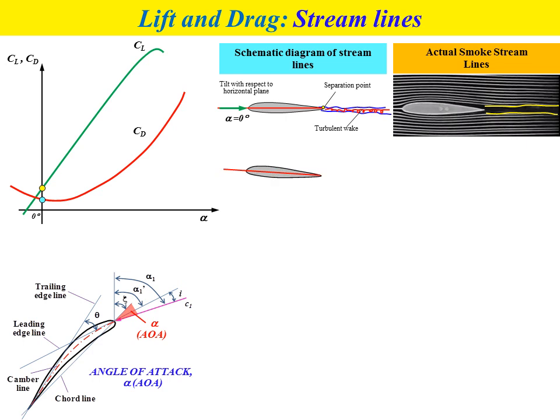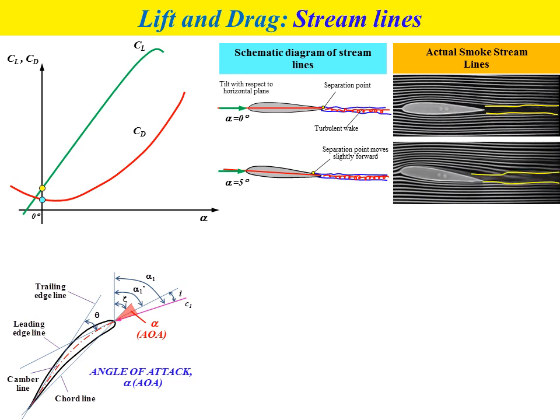For the second condition, we slightly increase the value of alpha to 5 degrees, and we can see the turbulent wake region represented by two blue color lines. In this condition the separation point moves slightly forward on the upper surface of the blade.